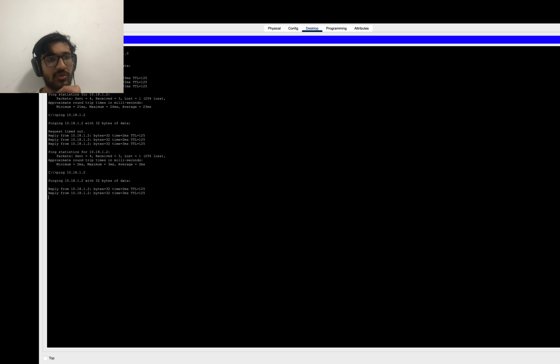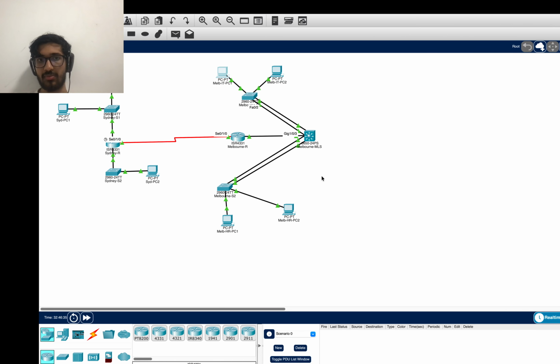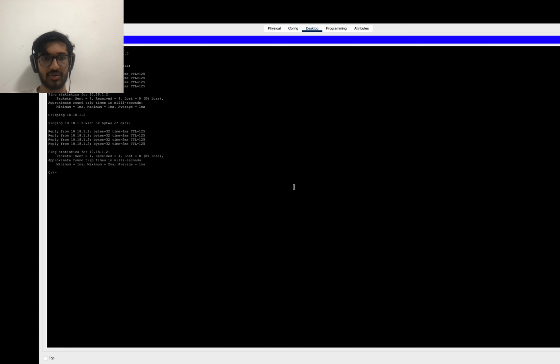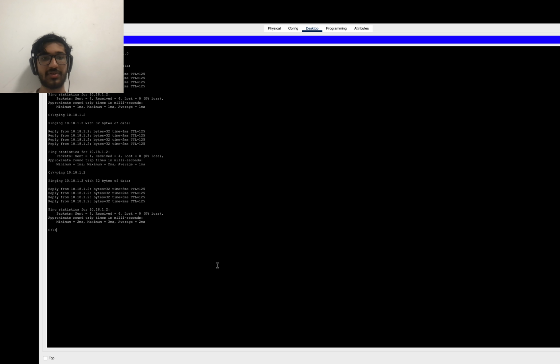You can see it's pinging the Sydney server from the Melbourne IT PC, 4 out of 4 replies, which means it's working. We do the same thing for the Melbourne HR PC, pinging 10.18.1.2, and you can see there is a reply, 4 out of 4 successful. Both VLANs have full connectivity to Sydney through the tunnel.